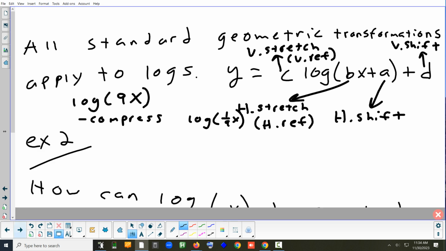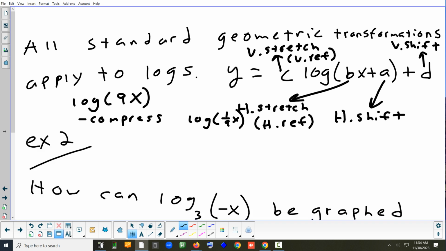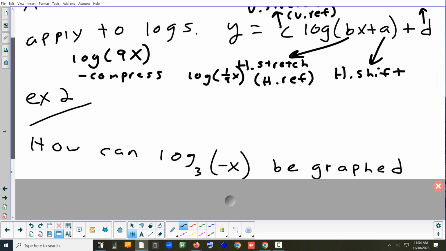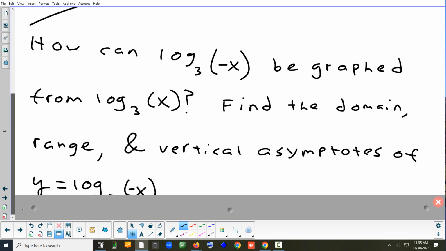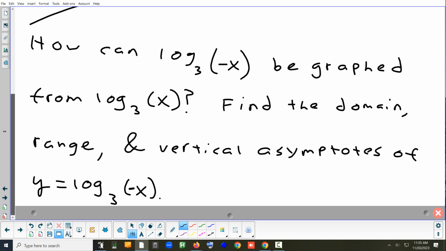Any question on that? Real quick, what's the order again? In the order I wrote the letters. So horizontal shift, horizontal stretch, vertical stretch, vertical shift: A, B, C, D. Okay, so this one says, how can log base 3 of negative x be graphed?